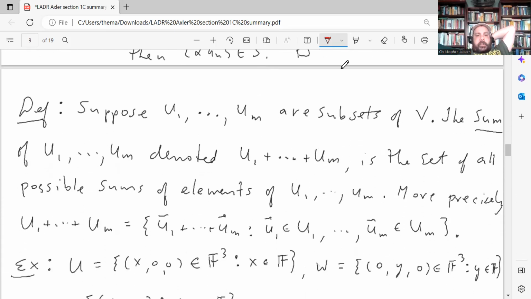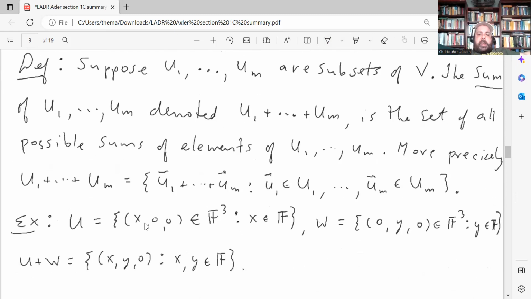We have another definition next. Suppose U1 through UM are subsets of V. The sum of U1 through UM, which is denoted U1 plus dot dot dot plus UM, so it includes all the other subspaces in between, is the set of all possible sums of elements of U1 through UM. More precisely, U1 plus dot dot dot plus UM is defined this way.